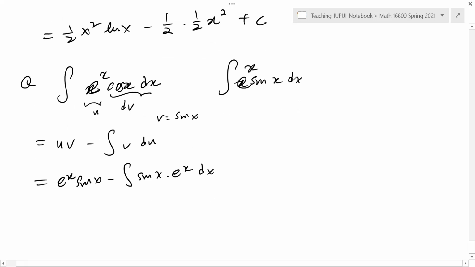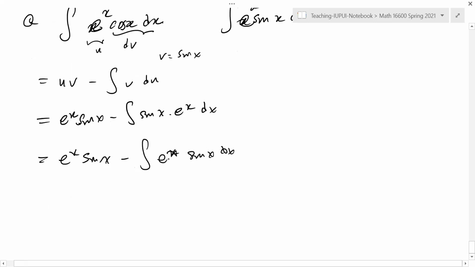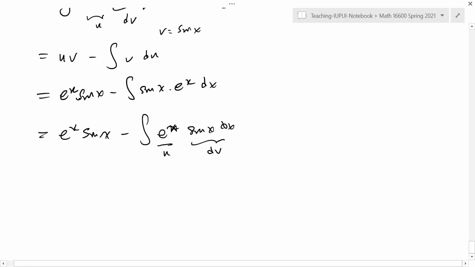So you have to work in the same way. I need to switch it. It's going to be e to the x sine x dx. So this is still my u, and this is my dv again. So v equals negative cosine x this time.